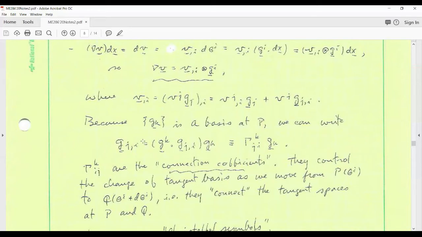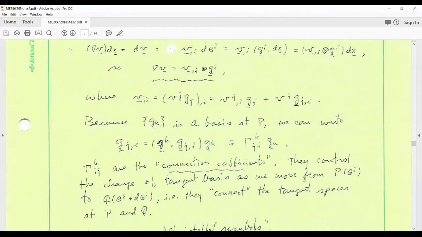This is the standard formula for any vector. Any vector v is the projection of the vector in the dual basis multiplied by the natural basis, or vice versa if you prefer. You can project the vector into the natural basis with a subscript and multiply by the dual basis element, g super k, if you wish.